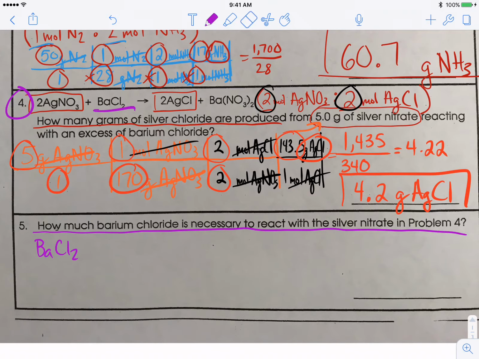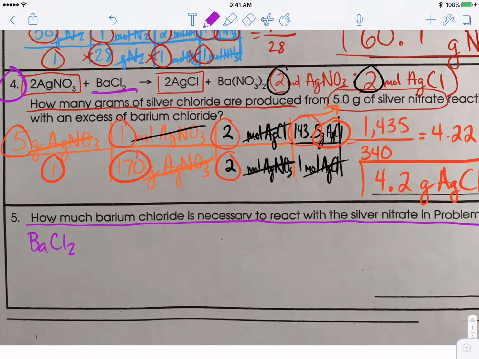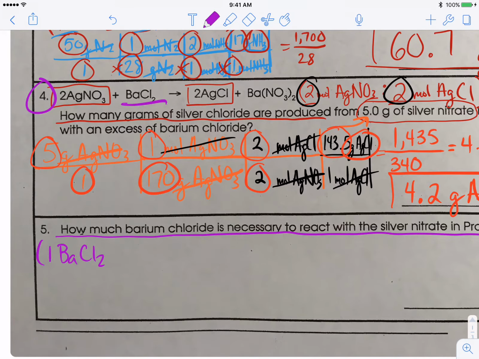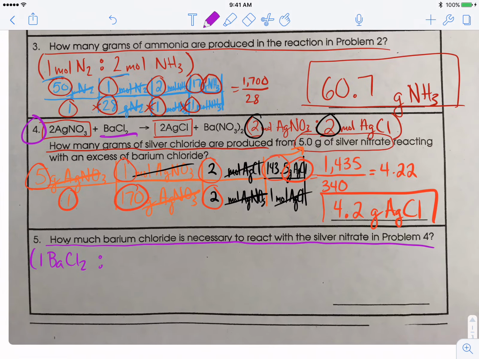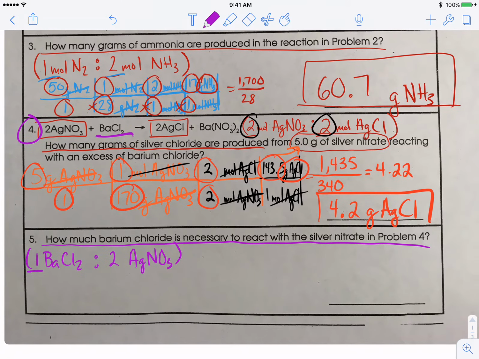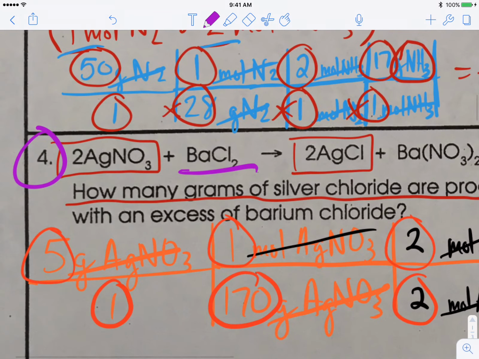And the ratio is for every 1 mole of barium chloride, it mixes with approximately 2 moles of silver nitrate. Our ratio is 1 to 2 right here. 1 to 2.